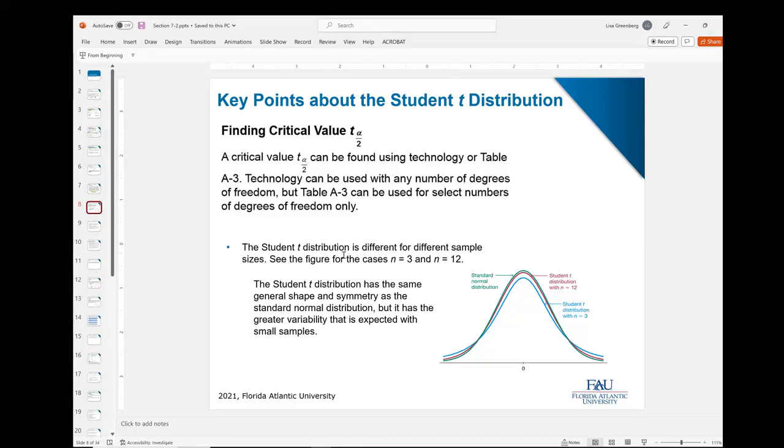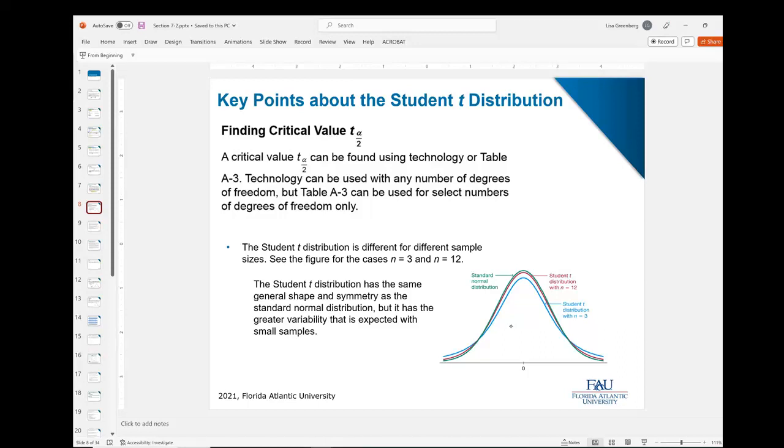So the student t distribution is different for different sample sizes. See the figure over here. Basically, the green is my standard normal distribution. And if you notice, the blue line is my t distribution where n is 3.